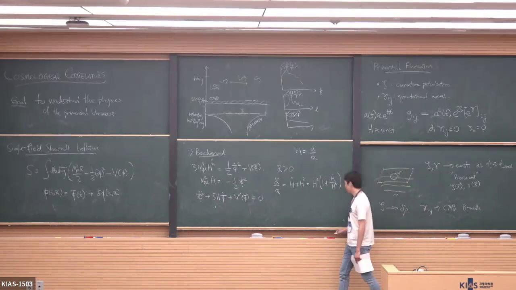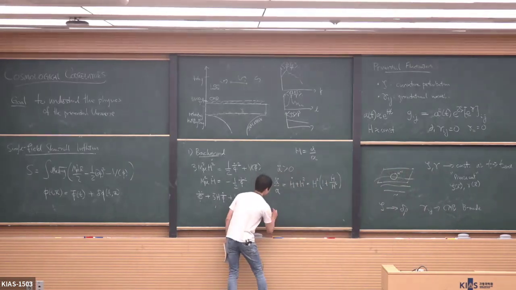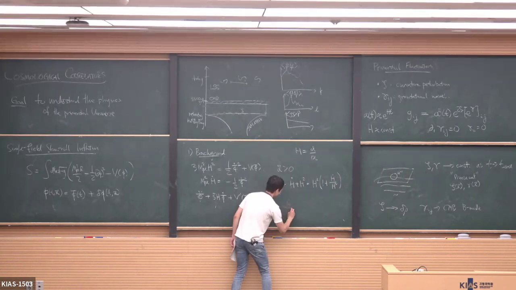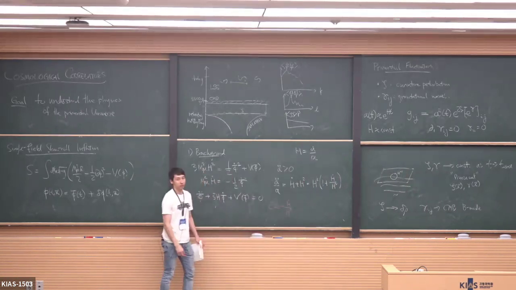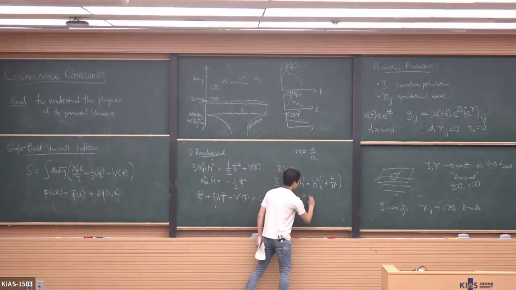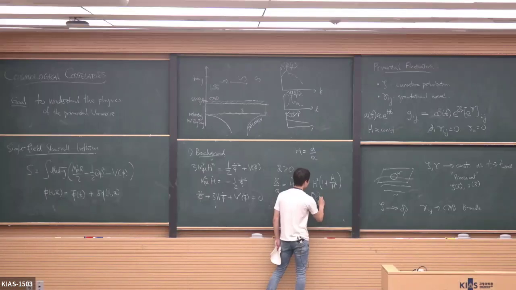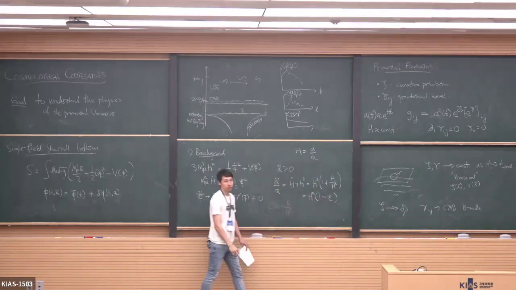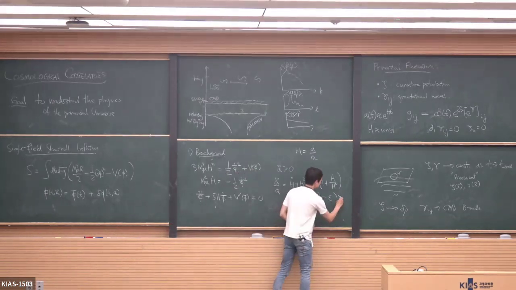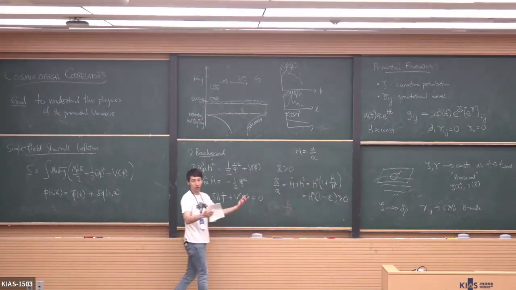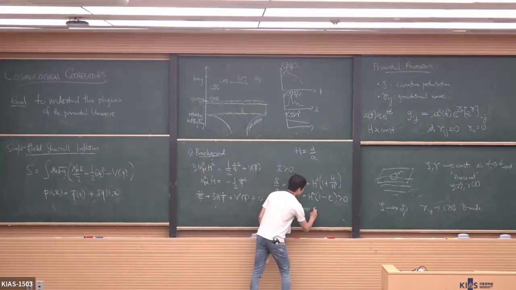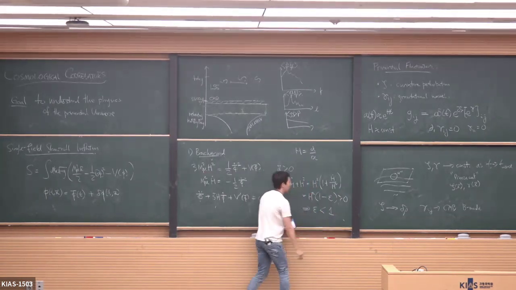Now I'm going to define a quantity called epsilon, as the rate of change of the Hubble in this way. With this definition, we see that this is equal to H squared times 1 minus epsilon. And we want this quantity to be greater than 0 for accelerated expansion. So that implies that epsilon must be less than 1.